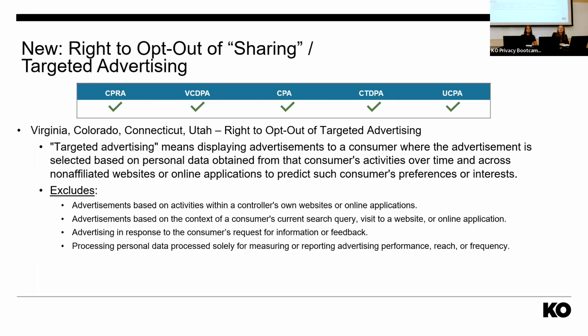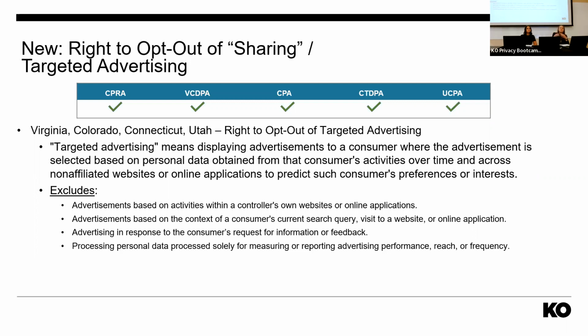So there are a couple of things that aren't included in this definition. First is advertising based on activities within the controller's own websites or online applications. So if you have a user who's coming in and you're advertising your own services, based on activities that the user is doing on your own websites and applications, that's not going to be subject to the opt-out right in these states.